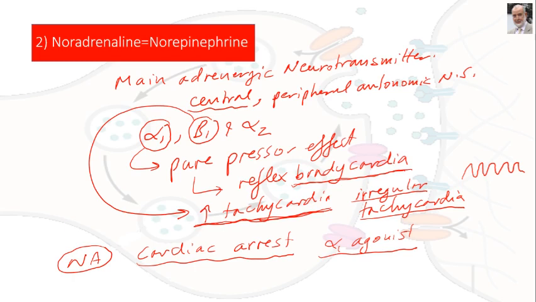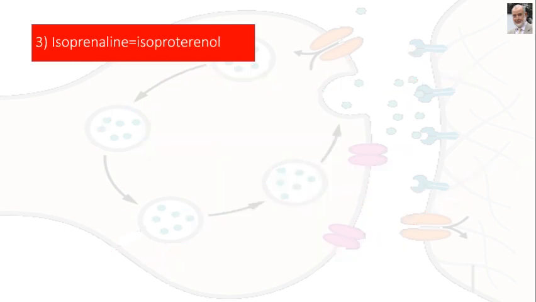This is the only indication of noradrenaline. Otherwise, noradrenaline is a major neurotransmitter. It has very important physiological actions which we talked about, including effects on the GIT, the eye, and the cardiovascular system, and all those actions you have to remember. Okay, the third directly acting non-selective is isoprenaline.